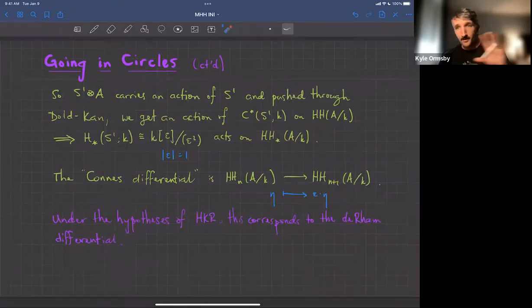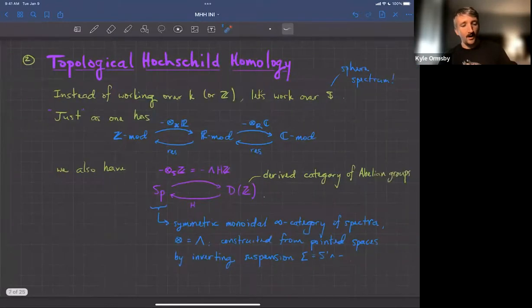So this is all extremely classical, and folks have used it for various purposes. Hochschild homology, to me at least, feels like a kind of chameleon. No matter which scenario you put it in, it seems to have something to say about what's going on.